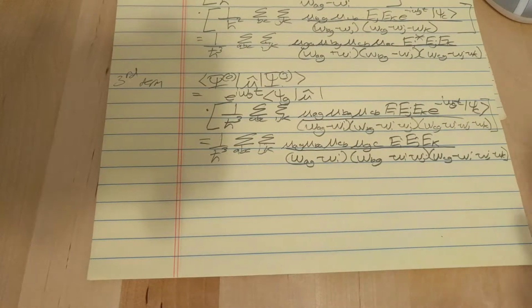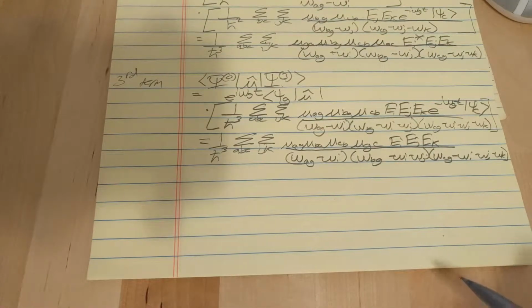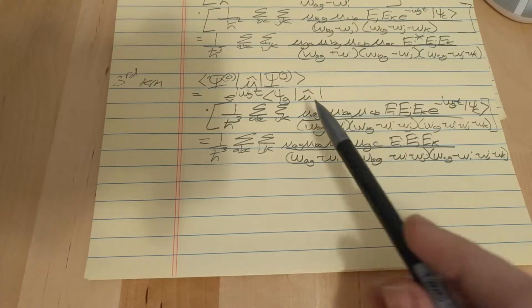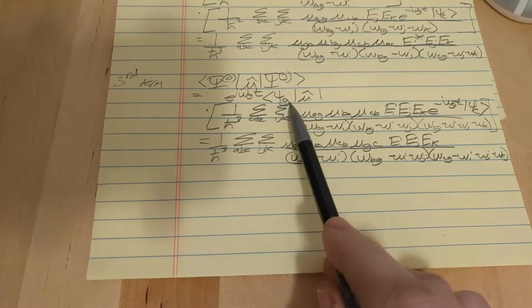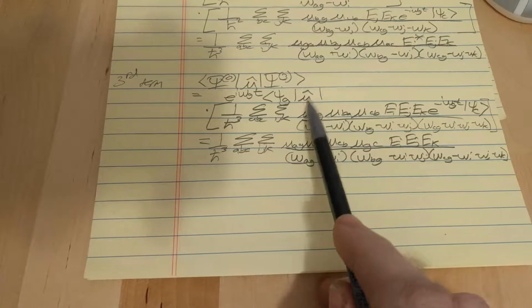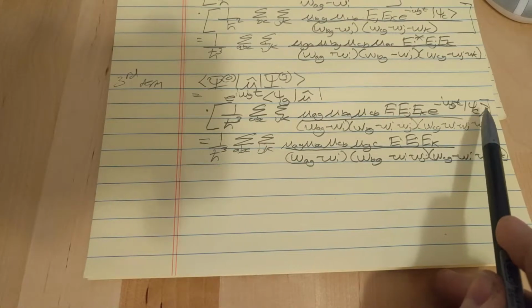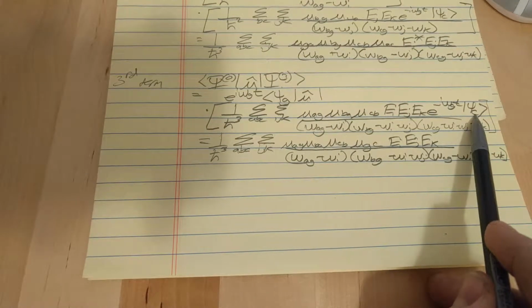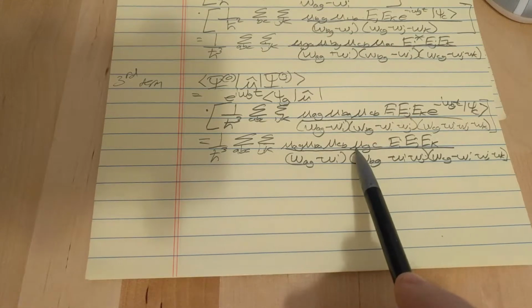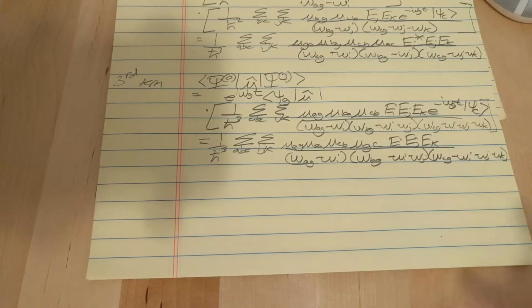And all I'm doing is following the rules that I discussed in previous videos. So if we have a bra psi g here, then we have the dipole operator, and we have the ket psi c that I'm writing as mu sub gc.